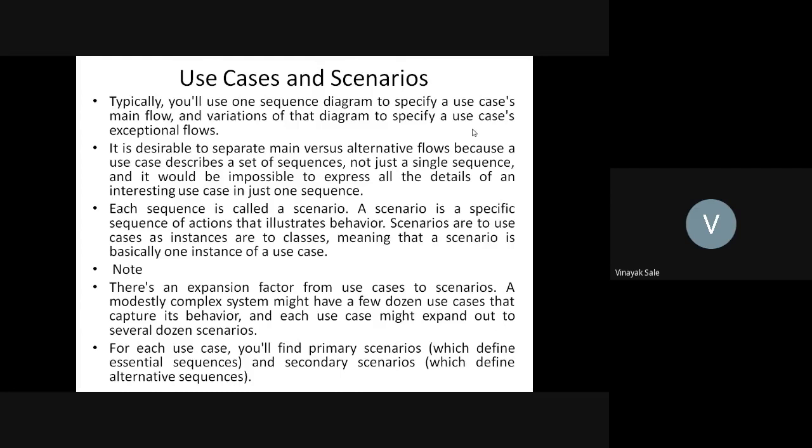A modestly complex system might have a few dozen use cases that capture its behavior. Each use case might expand out to several dozen scenarios. For each use case, you will find a primary scenario which defines the essential sequence and secondary scenarios which define alternative sequences.